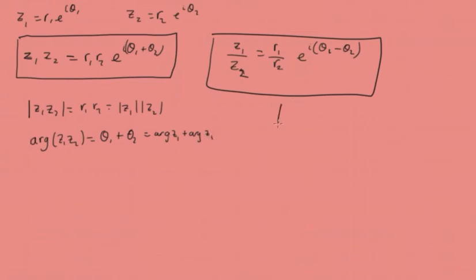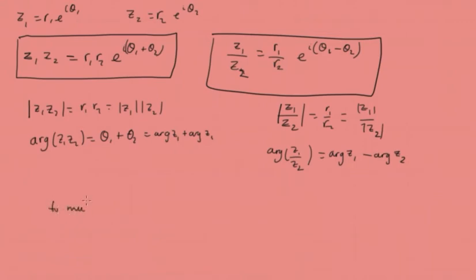Similarly, the modulus of Z1 divided by Z2 is going to be R1 over R2, which is just the modulus of Z1 divided by the modulus of Z2, and the argument of Z1 divided by Z2 is going to be the argument of Z1 minus the argument of Z2.